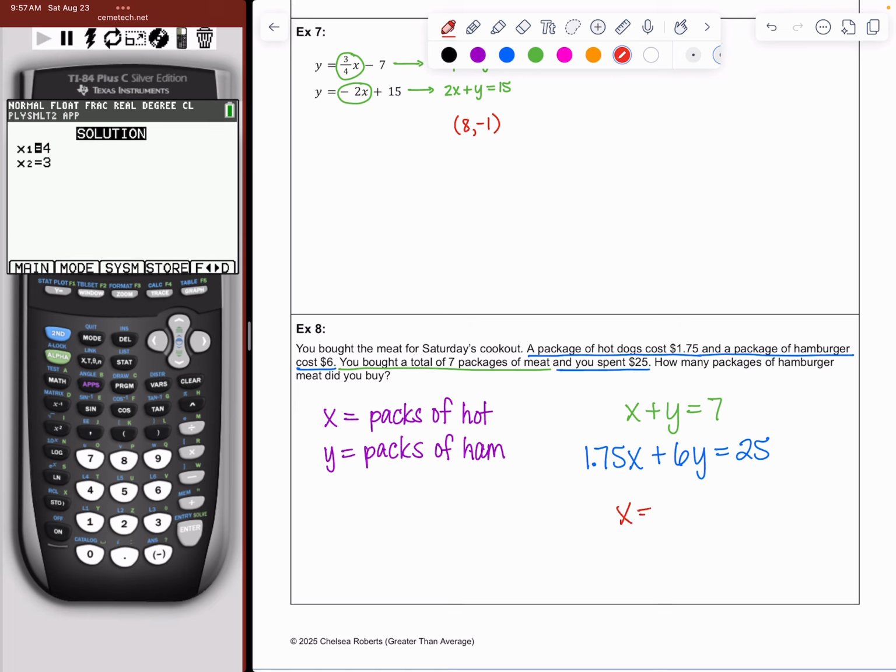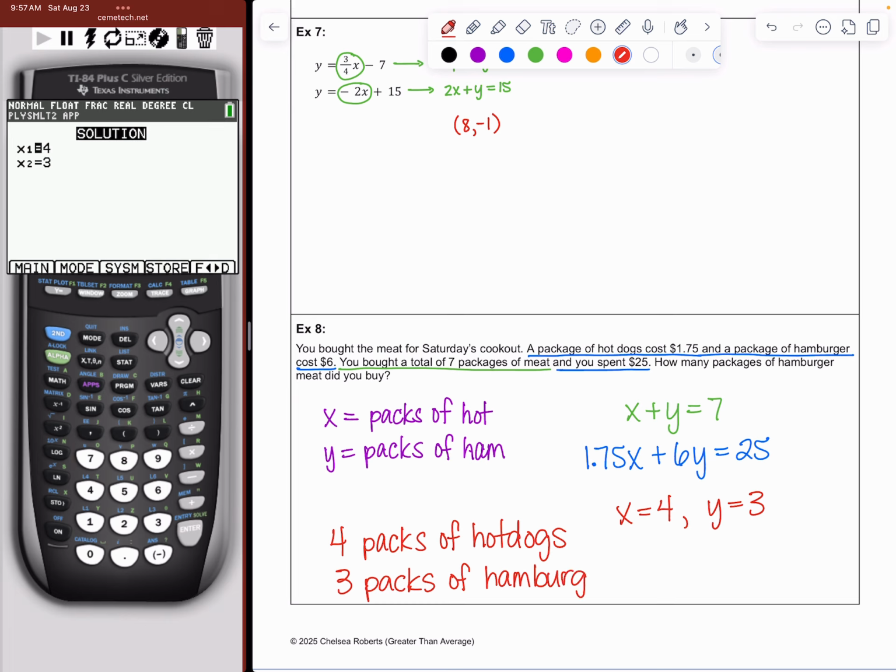So X is equal to 4 and Y is equal to 3. We got 4 packs of hot dogs and 3 packs of hamburgers. And that is your answer.